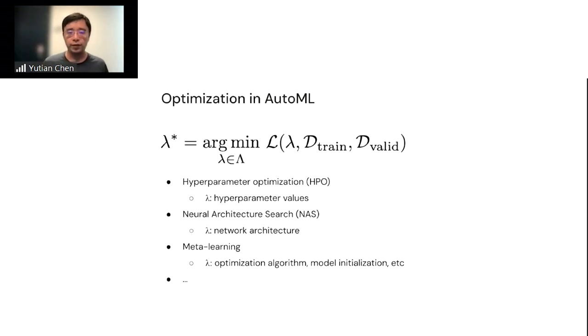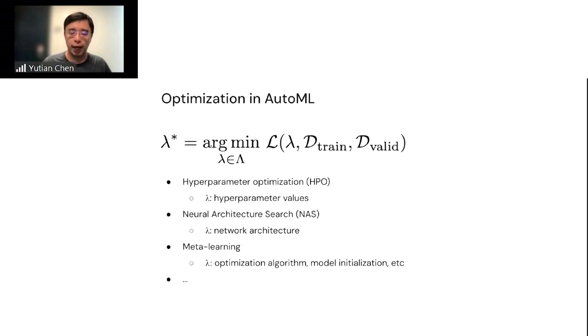In all of these different sub-problems in AutoML, a lot of problems can be summarized as an optimization problem, where given a new task with the training and validation data set, we would like to optimize some metric. For example, when we train the model on the training subset and then evaluate the trained model on the validation data, the metric is something we care about.